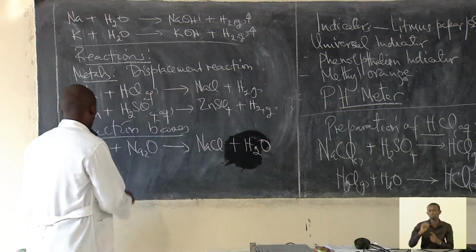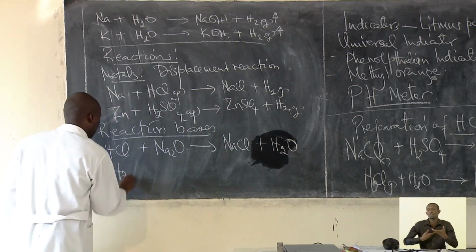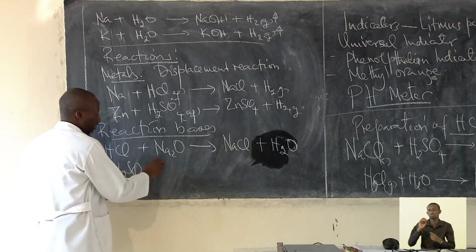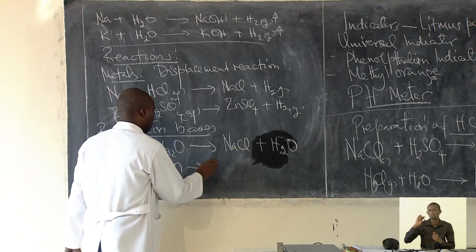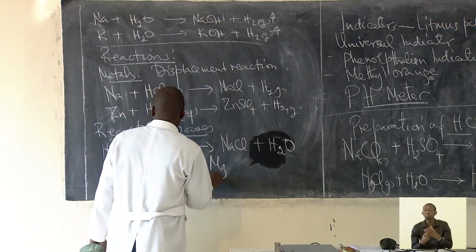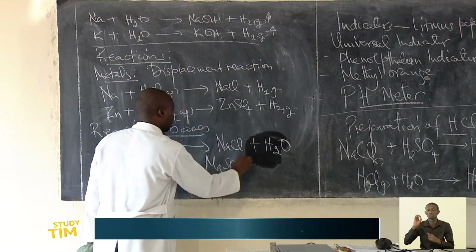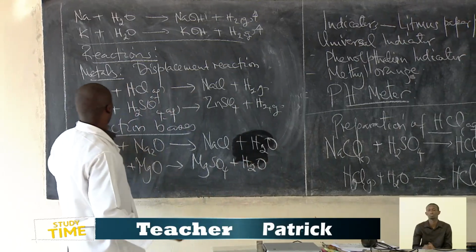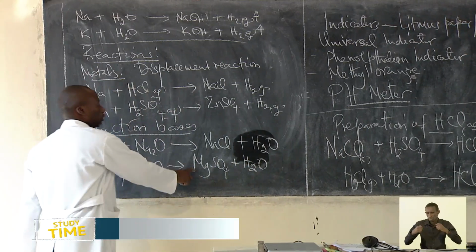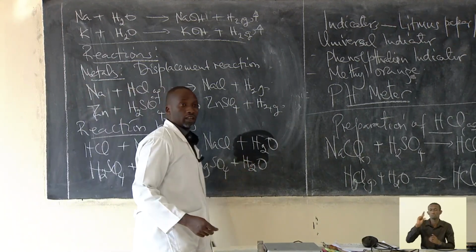Good. You may have sulfuric acid reacting with another base, magnesium oxide. This will give magnesium sulfate plus water. So bases react with acids to produce salt and water.